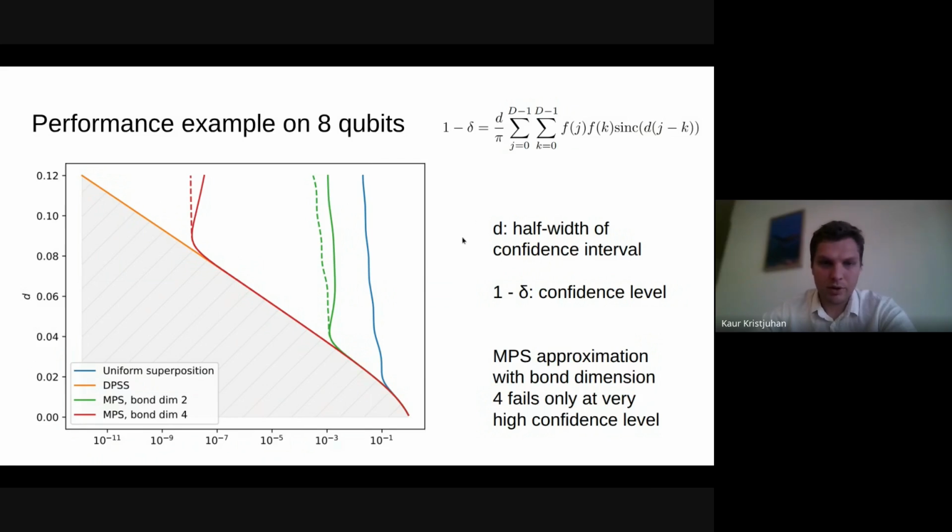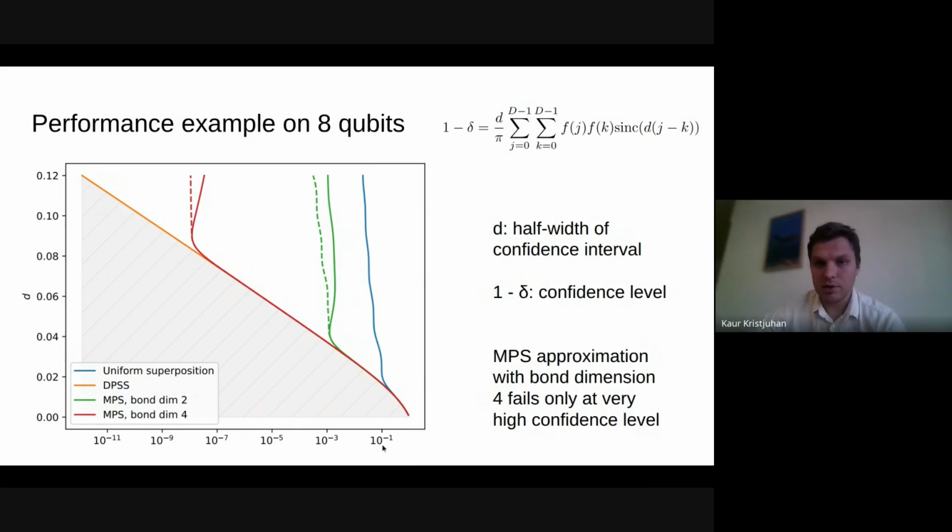Here on this plot, this blue line is the uniform superposition state. This is what the textbook will tell you to do. And on the x-axis, you have the confidence level that you would like. Actually, 1 minus confidence level. So how to read this?